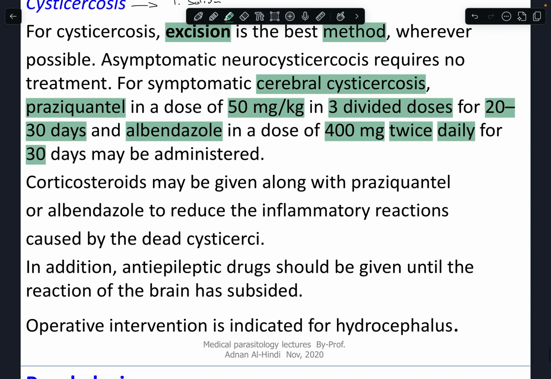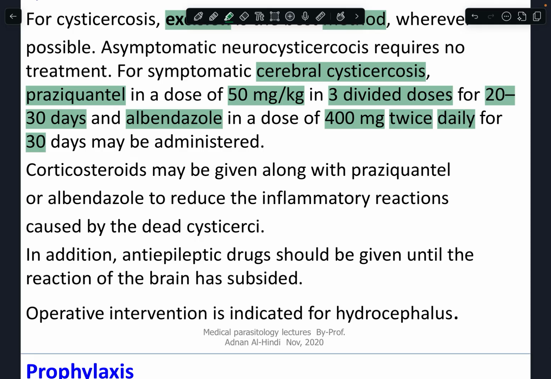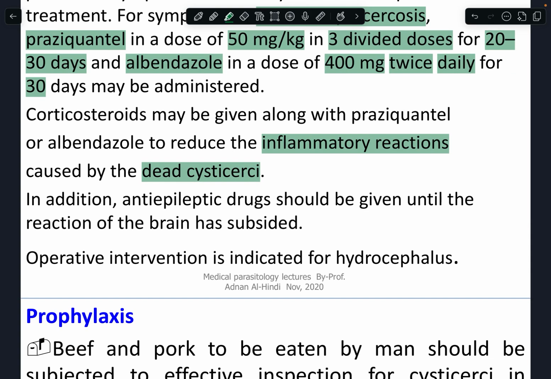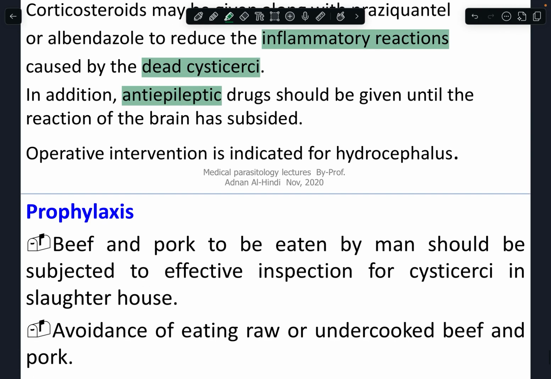Corticosteroids may be given along with praziquantel or albendazole to reduce the inflammatory reactions caused by the dead cysticerci. In addition, anti-epileptic drugs should be given until the reaction of the brain has subsided. Operative intervention is indicated for hydrocephalus.